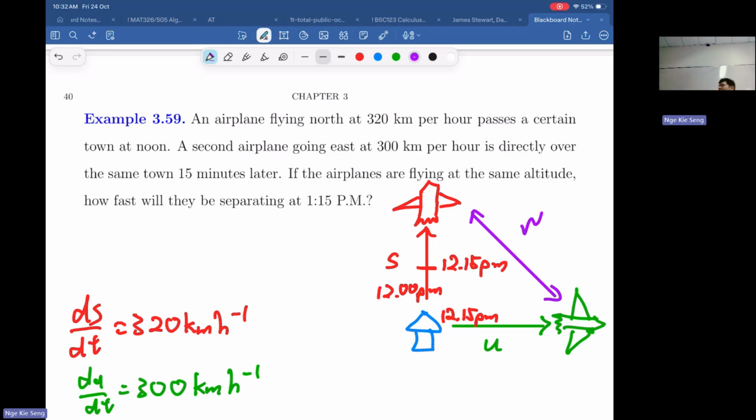If they are not on the same floor, then you will need the other dimension. But now it's a 2D plane. So what formula can you use here? How do you relate W, S, and U?